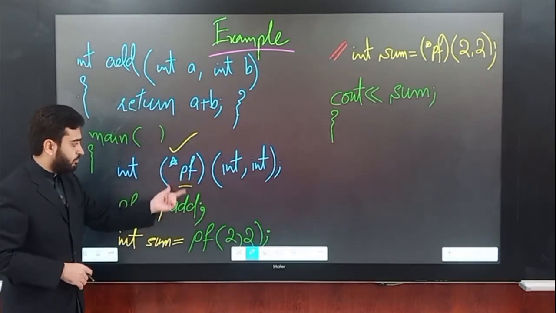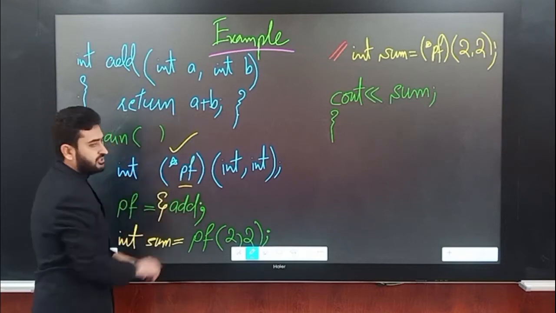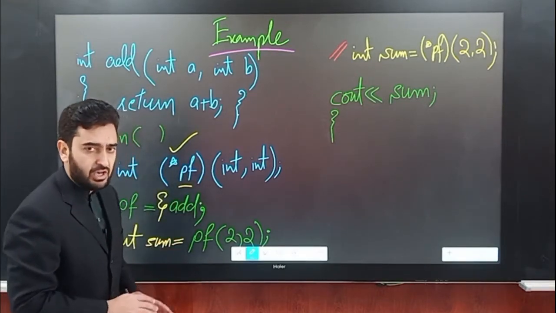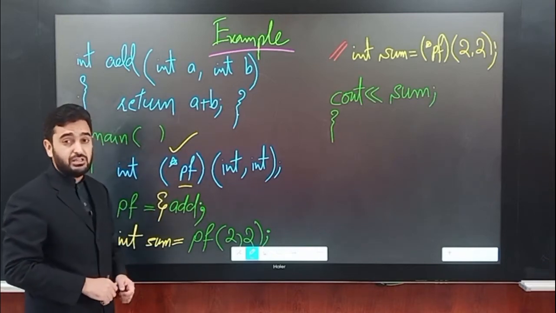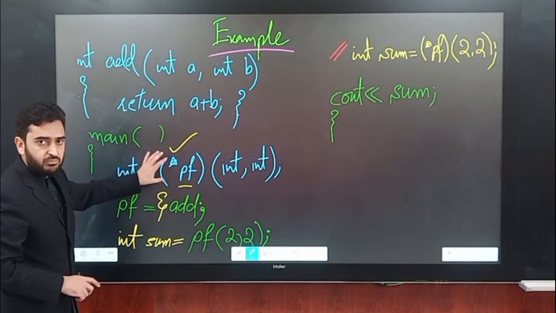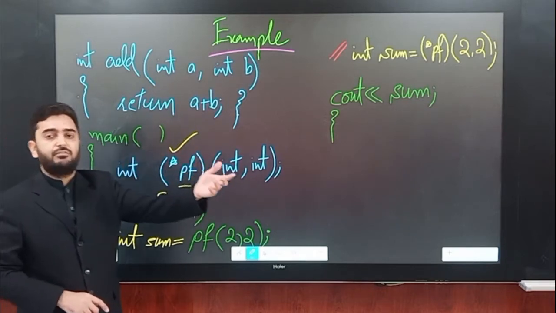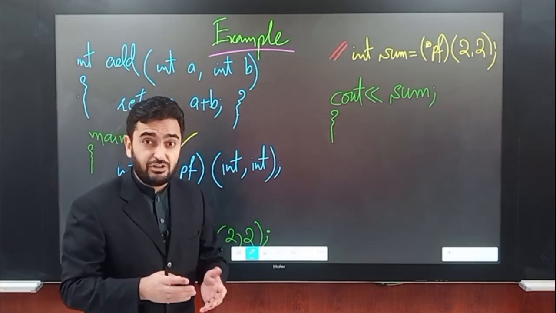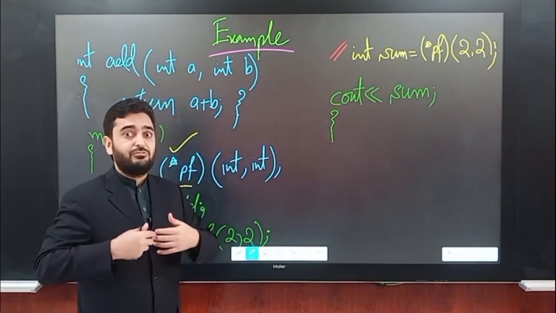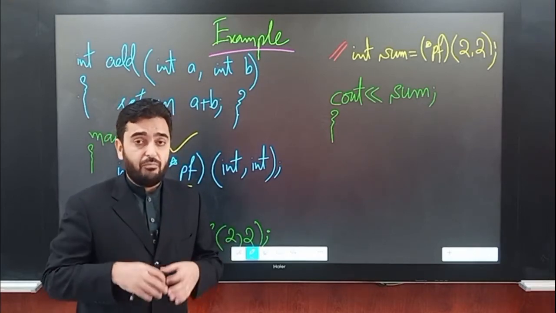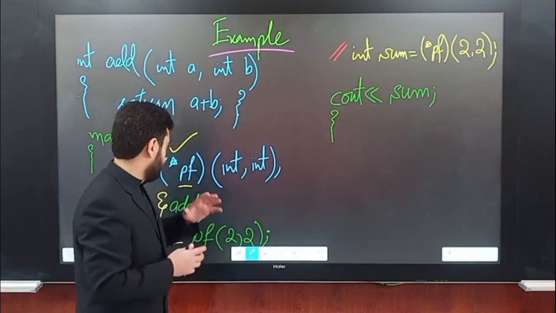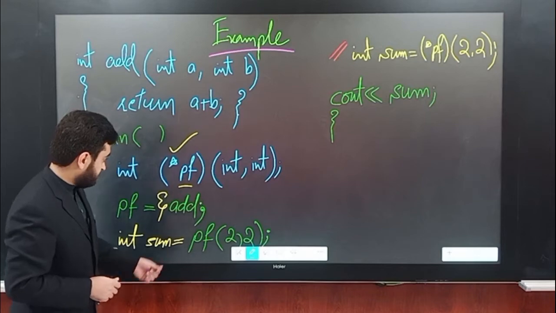Now this is a pointer, and it should be enclosed in parentheses, so that it may be differentiated from the syntax of a function which returns a pointer. We are not returning any pointer; we are declaring a pointer which points to a function.